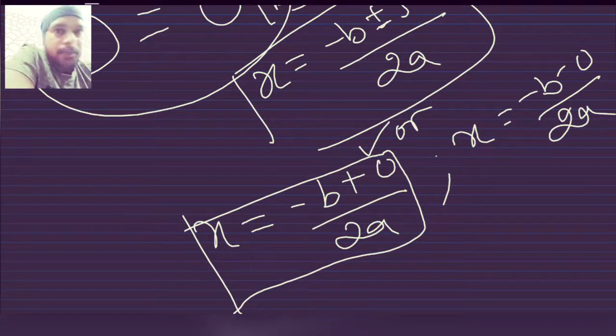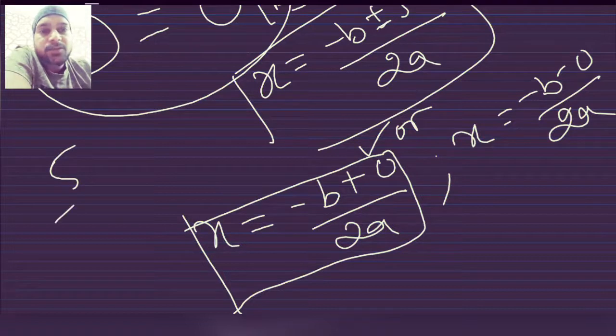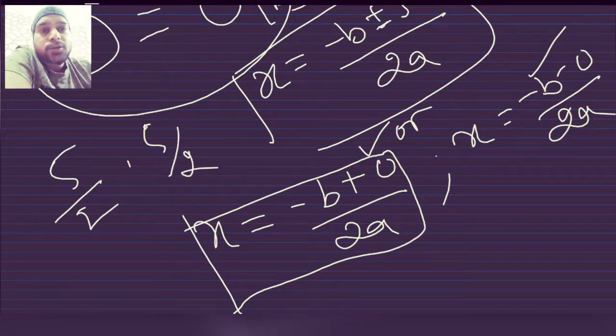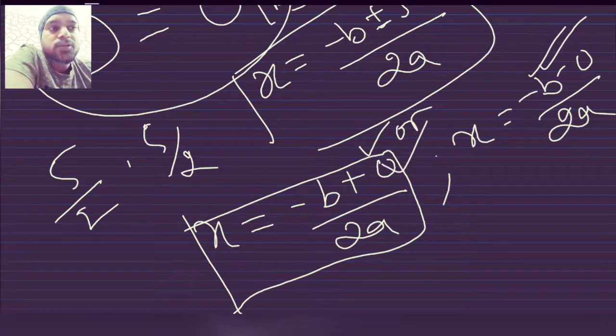And you're going to divide it by 2a. So you are dividing the same number by the same number. Like suppose minus b is equal to 5, and you are dividing by 2, then minus b upon 2a will give you 5 upon 2 again. So here also minus b is divided by 2a, so the value is going to be the same. Obviously it's going to be the same.